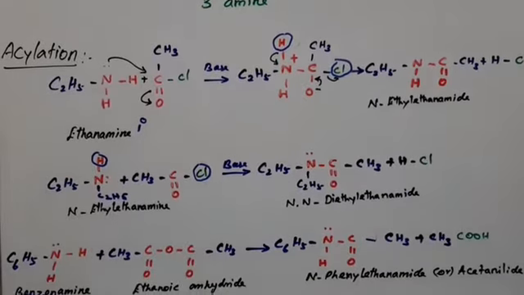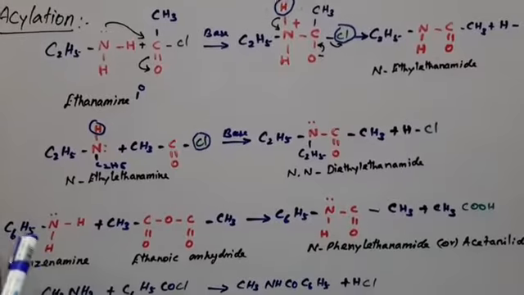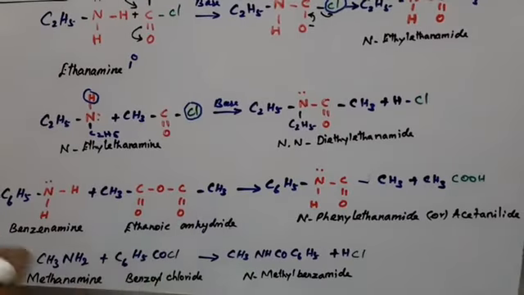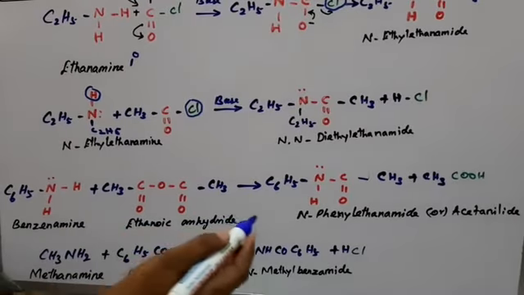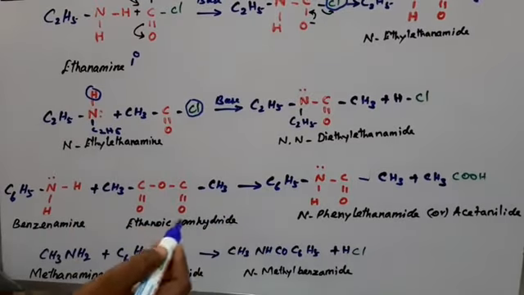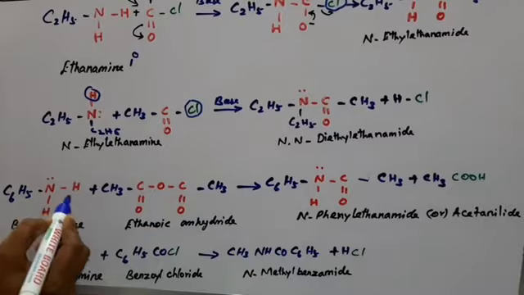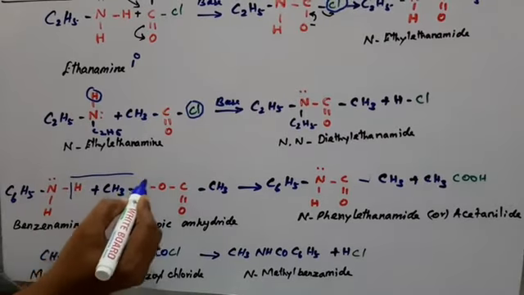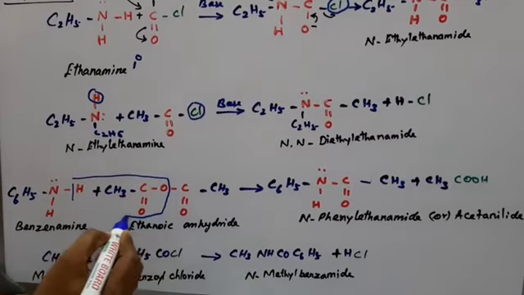Next, benzenamine, this is your benzenamine, reacts with ethanoic anhydride. Here we get the amide as well as an acid. See this bond cleaved, and here you see CH3COOH.